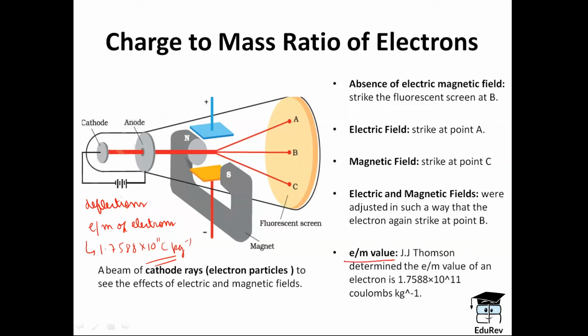So the charge to mass ratio of electrons was discovered by J.J. Thomson through the deflections, and it came to be this value, 1.7588 × 10^11.